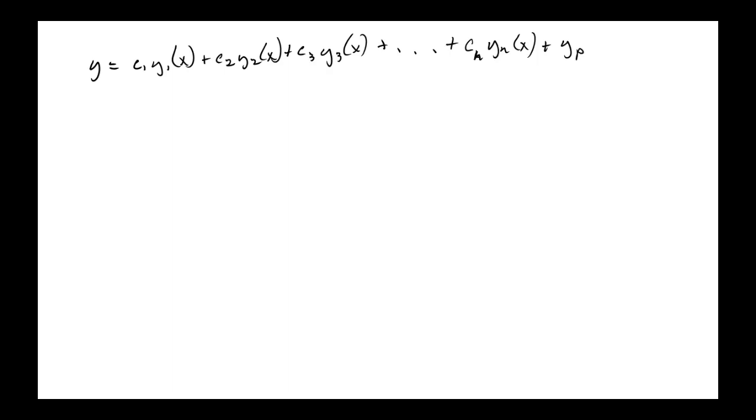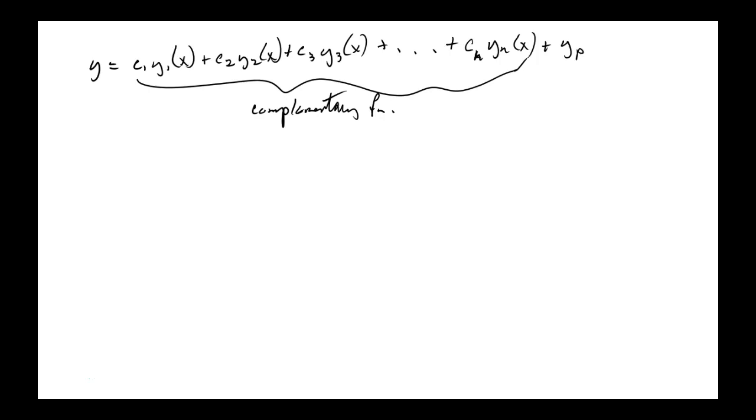Okay? It's the sum of two functions. This part here, which we were calling the general solution for the homogeneous case, is now called the complementary function. The complementary function for the non-homogeneous case. It was the general solution for the homogeneous case.